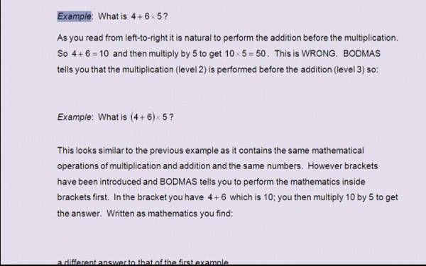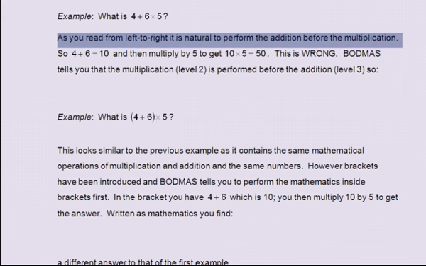Let's do an example. What is 4 plus 6 multiplied by 5? As you read from left to right, it is natural to perform the addition before the multiplication. So, 4 plus 6 equals 10. And then multiply by 5 to get 10 times 5 equals 50.